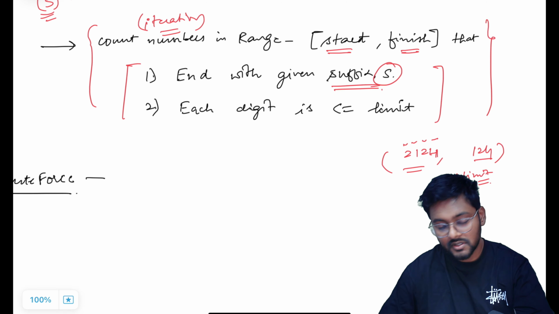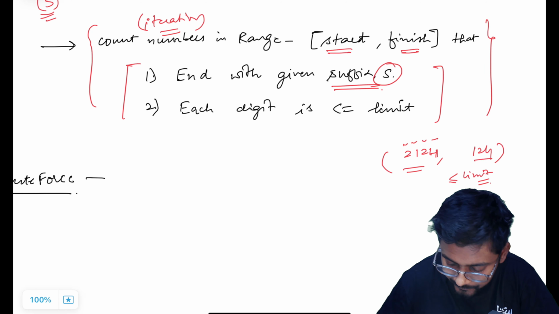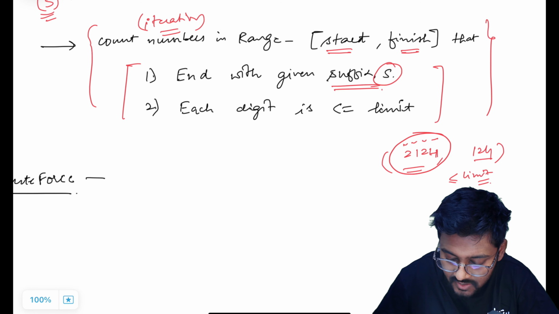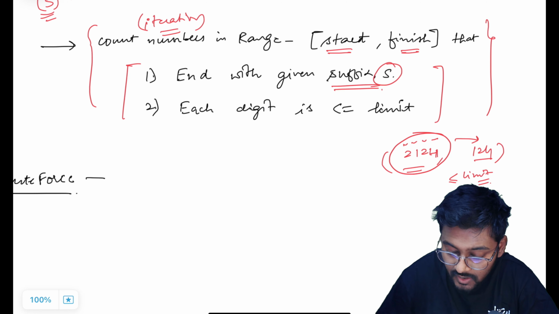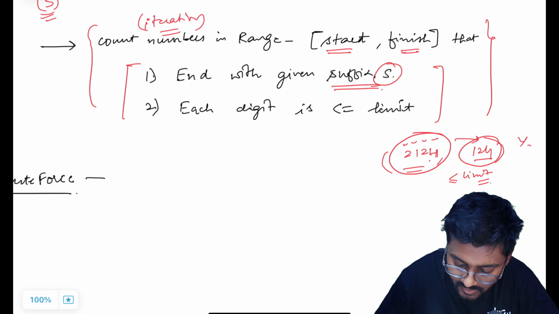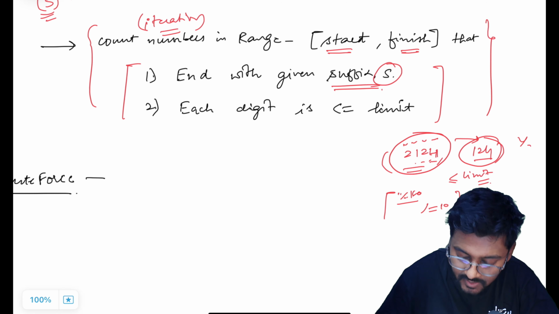If I convert the number into a string and check whether the string ends with s, then it is yes. And how do we get each digit? Just get all the digits one by one using the modulo operator. Modulo with 10 gives the last, rightmost digit, and then dividing by 10 removes that digit. Using that value, we can check the digit as well.